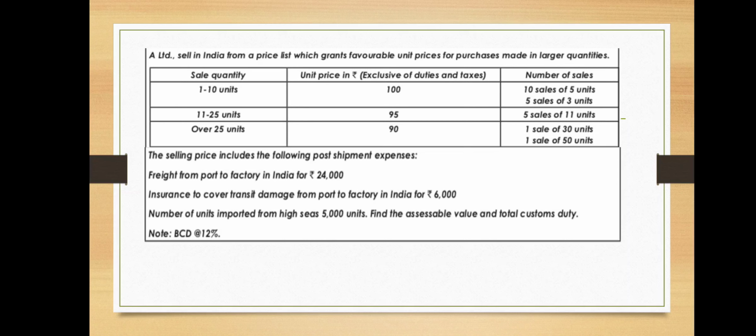So here, while calculating the assessable value, what we need to take: the freight from port to factory in India 24,000, insurance 6,000, and I told you that you should not consider the 5,000 units for the calculation of assessable value. So 5,000 units we need to consider for the sales.